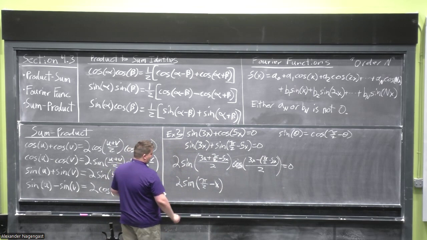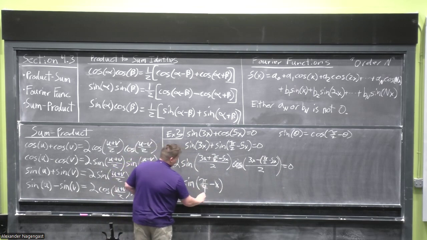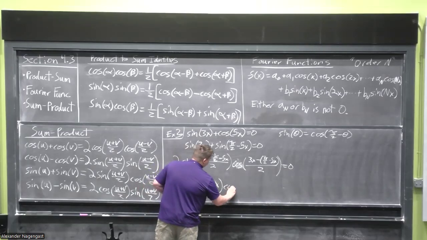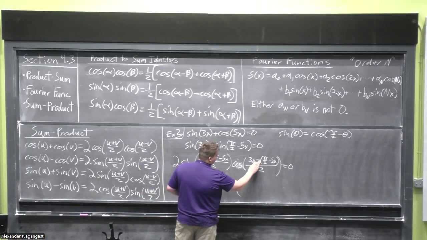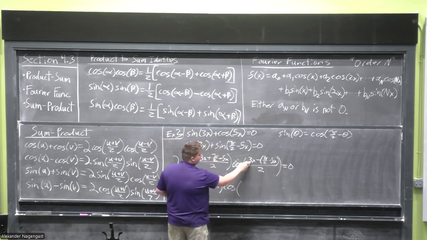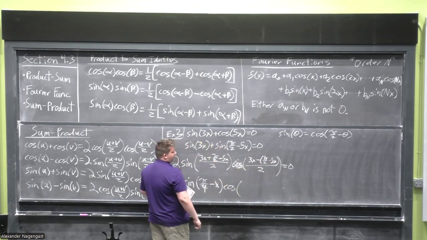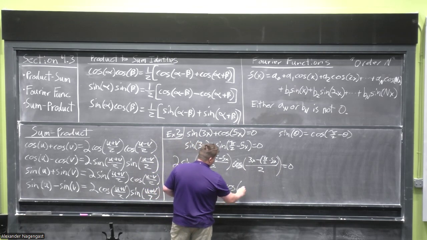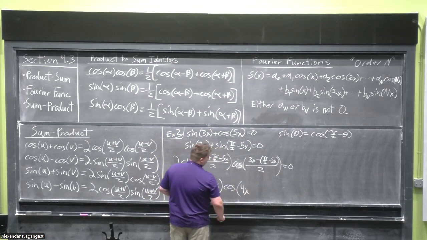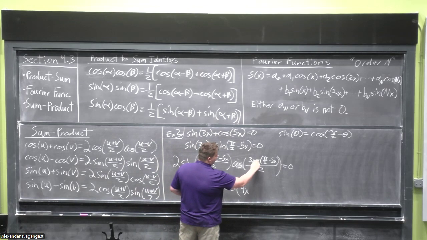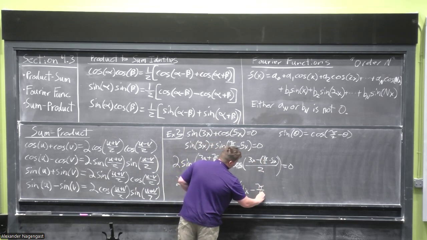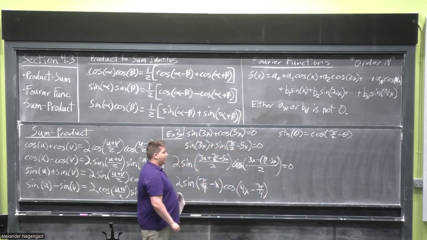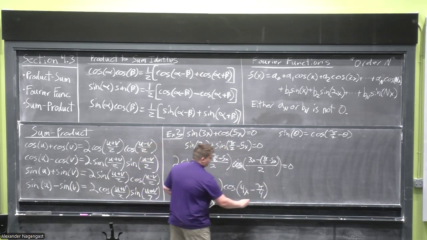And then, pi over 4 minus x. And then we'll have cosine. And when we distribute, we're going to have positive 5x plus 3x. So that's 8x divided by 2. So that's 4x. And we're going to have a negative pi over 2 divided by 2. So negative pi over 4. And again, this will all equal 0.